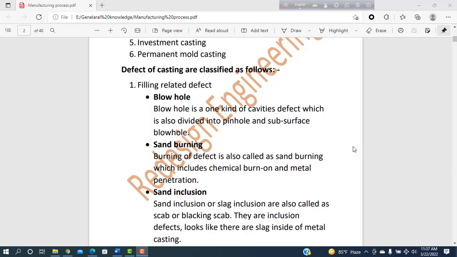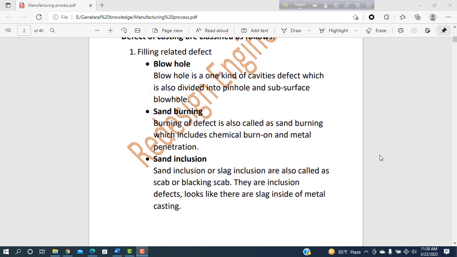Burning defect is also called sand burning, which includes chemical burn-on and metal penetration. Sand inclusion. Sand inclusion or slag inclusion is also called escape or blacking escape. These inclusion defects look like there is slag inside the metal casting.